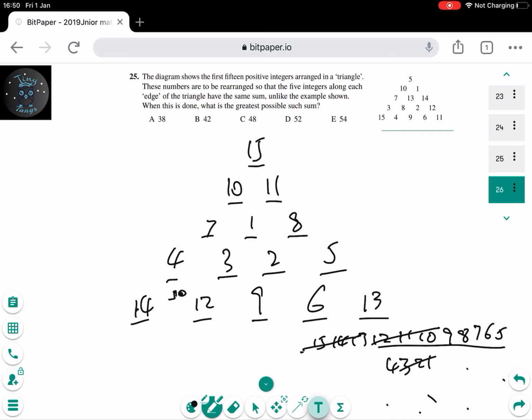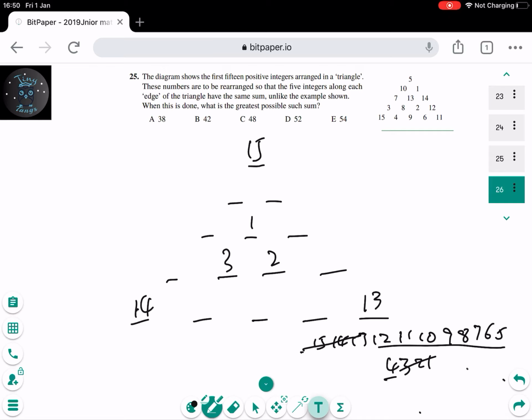And 13 plus 14 equals 17, and 17 plus 18 plus 9 would be 17 plus 27 equals... Oh, wait, something is incorrect here. So it must be something with these numbers on the side. So let's try again.